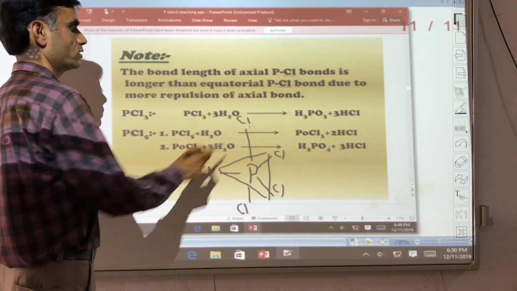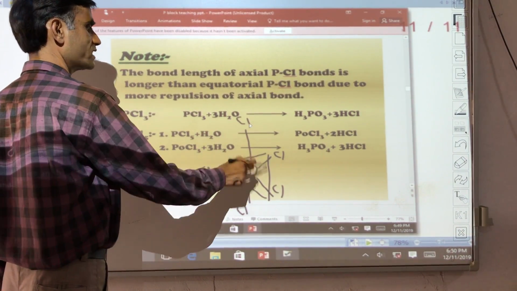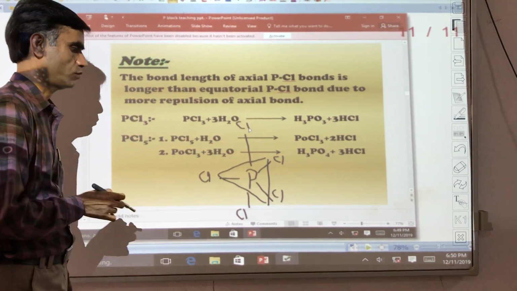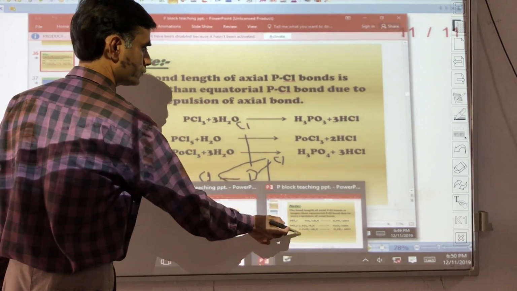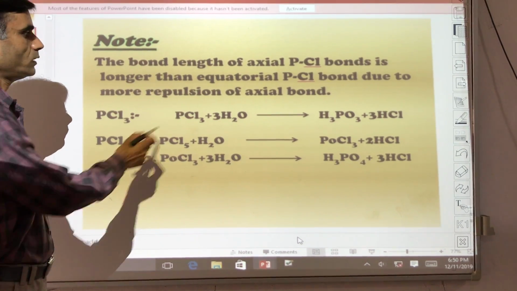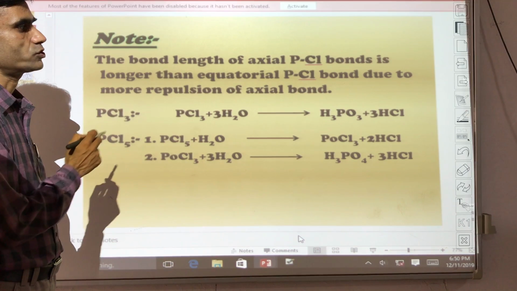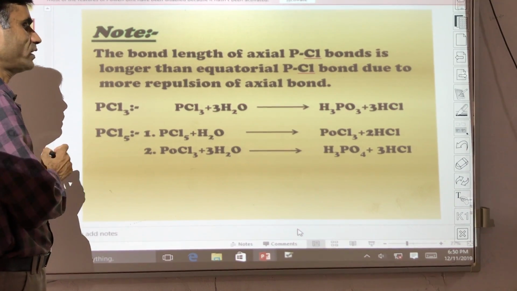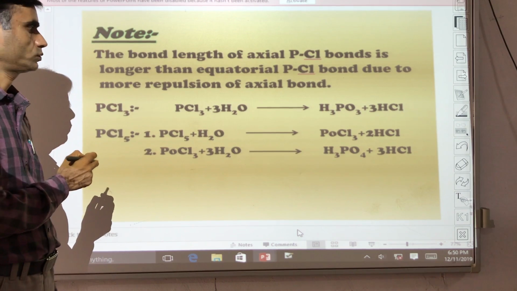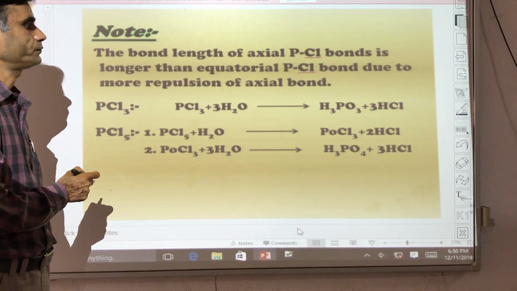Their bond length is larger because there is more repulsion as compared to equatorial bonds. PCl3 on reaction with water gives you H3PO3, whereas PCl5 gives you POCl3 and finally H3PO4. So you can learn these reactions also.